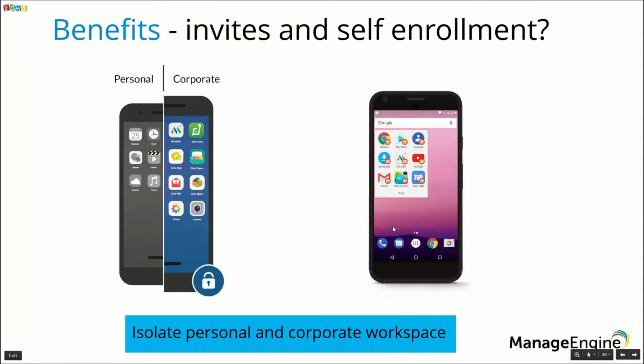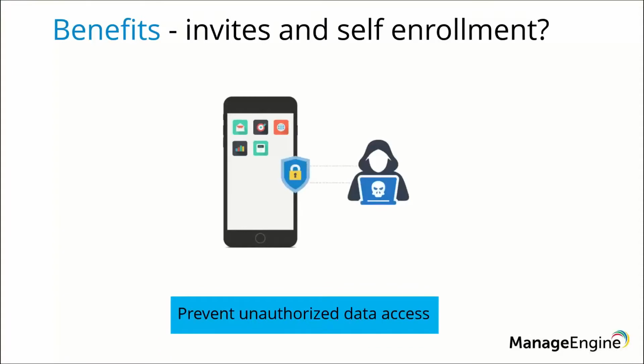As you can see, this is a personally enabled device. You can find a separate workspace created on the device, which will have only the work applications. And by default, the end users will not be able to transfer or download any attachments or files from the work applications to personal apps. So it isolates personal and corporate data on the devices.